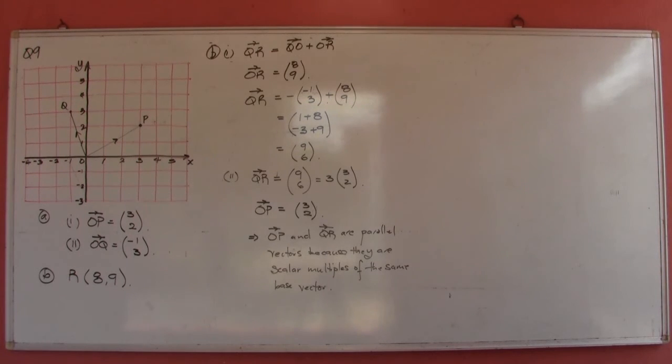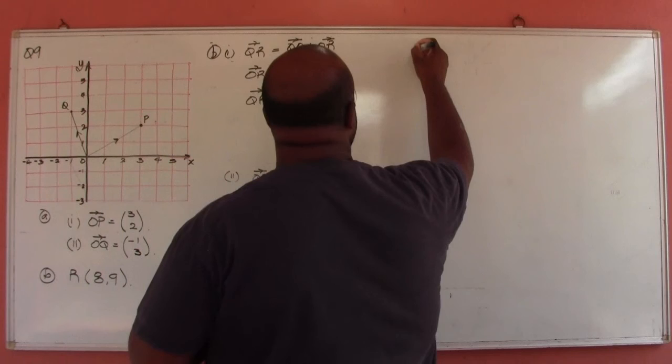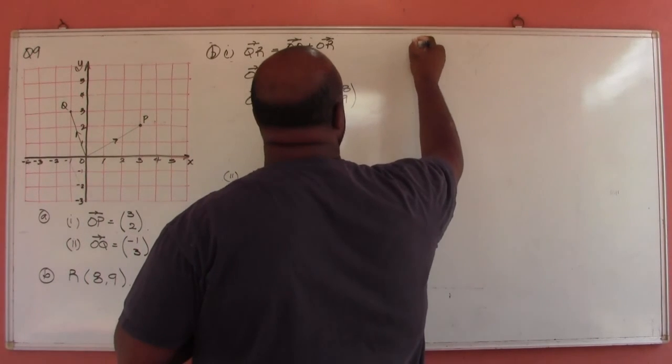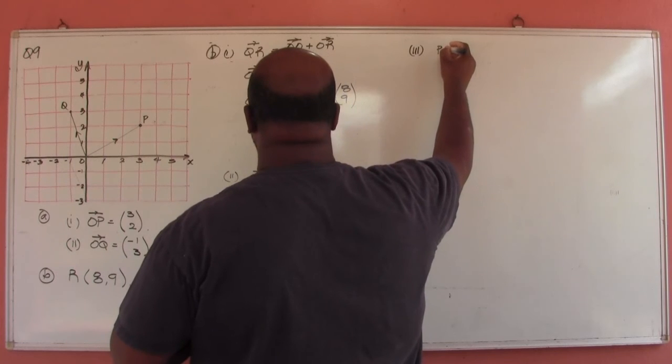Then what else are we asked to do? The third part says, determine the magnitude of vector PR. So let's find the vector PR. I don't think we did this.